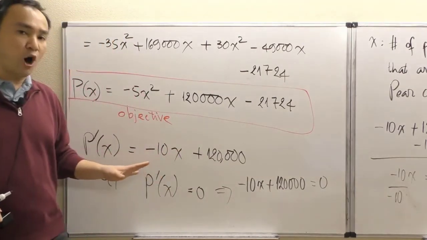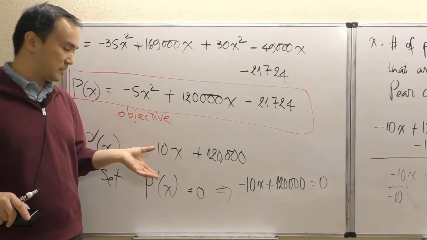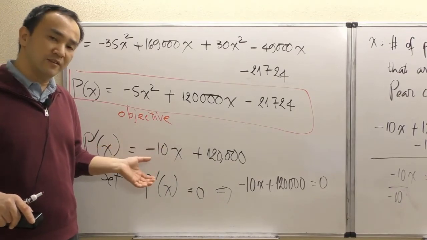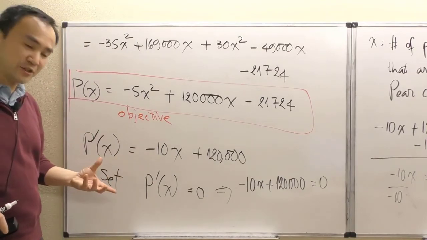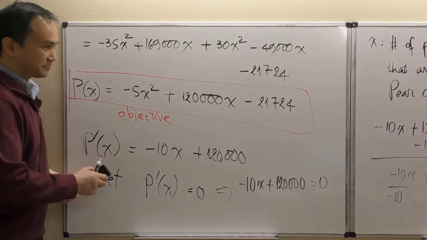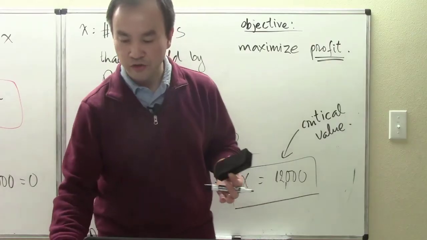I'm not saying it's always like this, but in these problems, in my experience, the second derivative test arrives at the decision a little faster.